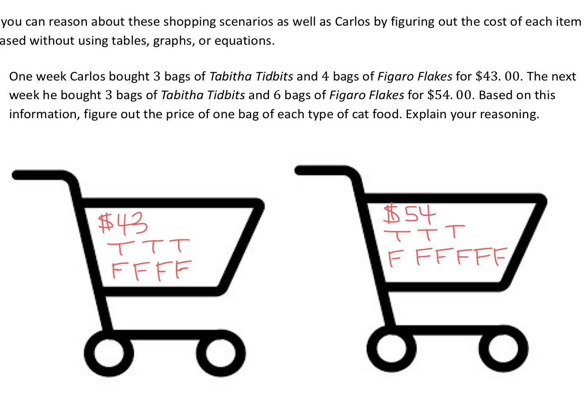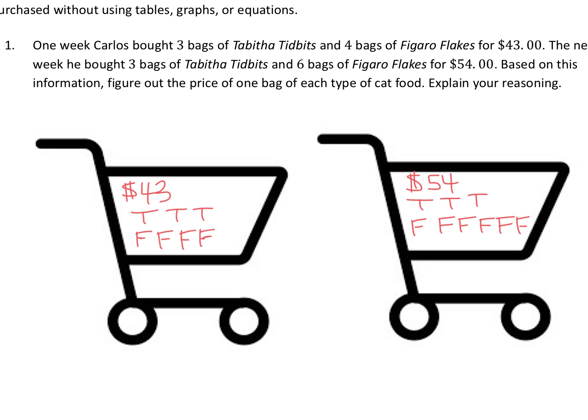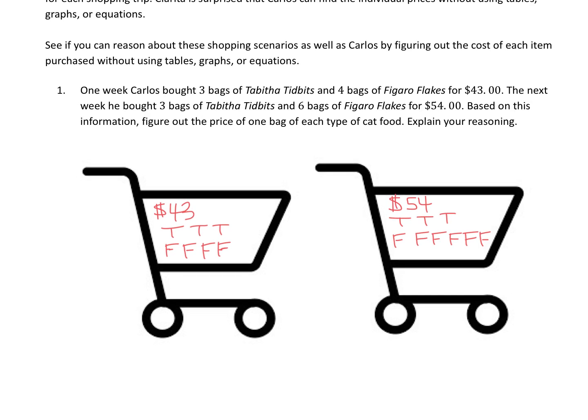Okay, so we've drawn a diagram. This is not a table, graph, or equation. So now we're just going to reason about what's going on in these first 2 receipts. It looks as if he bought the same amount of Tabitha Tidbits, but for the Figaro Flakes, he's got 2 extra here on the right.